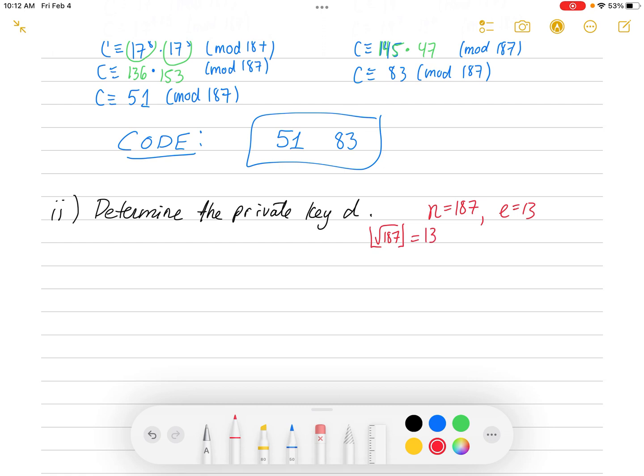So let's see, any primes that divide N. 2 doesn't, 3 doesn't, 5 doesn't. What about 7? 187 divided by 7? No. 187 divided by 11? Yes, 11 times 17. So N is actually 11 times 17. So that's your P and your Q.